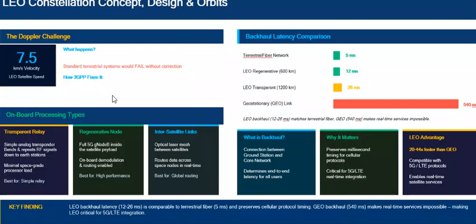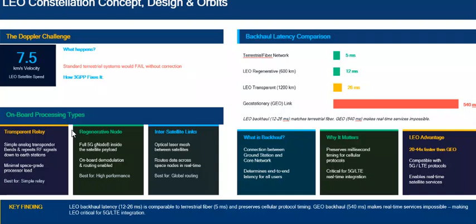There are onboard processing types: transparent relay, regenerative node, and inter-satellite links. These are basically the connections we'll see. A transparent relay is like a simple analog mirror, an analog transponder. It will just repeat those RF signals down to the Earth stations.